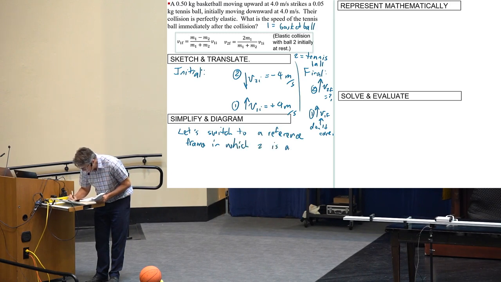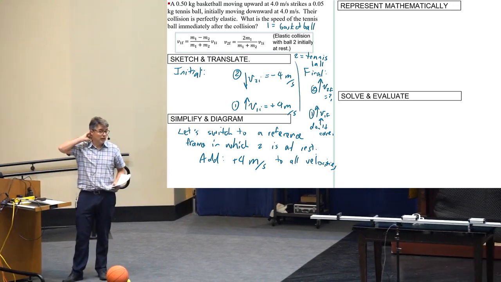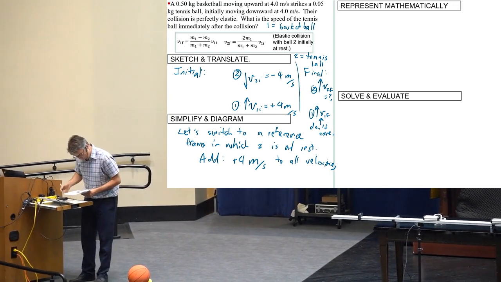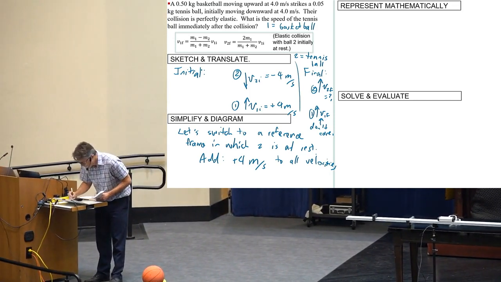Two is at rest, that's easy. Just add plus 4 meters per second to all the velocities, and then remember to subtract those all at the end once we've done our math, because this is in a new reference frame. When I get back to the lab frame, just minus those.